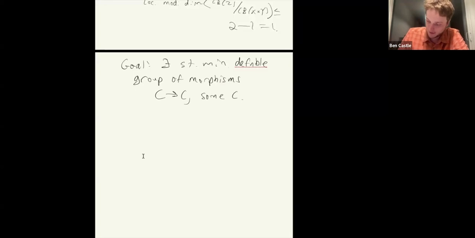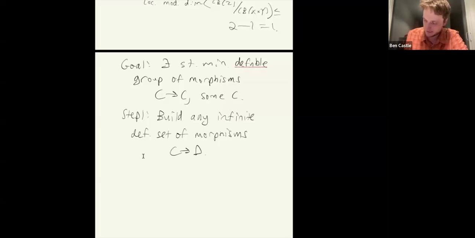This is in 2 steps. Step 1 is to build any infinite definable set of morphisms between any 2 objects, which is surprisingly difficult to do. Just find some infinite collection of morphisms between 2 objects.